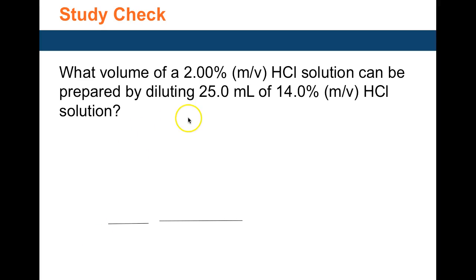So what volume of a 2% mass by volume HCl solution can be prepared by diluting 25 mL of 14% mass by volume HCl? So 25 mL, that's V1. C1 is 14. So 14 times 25. C2 is 2. You want to find out what V2 is. So 25 times 14 divided by 2.